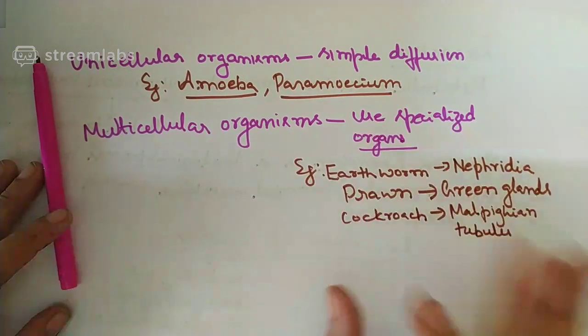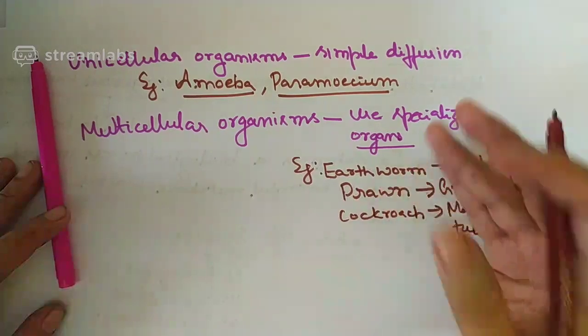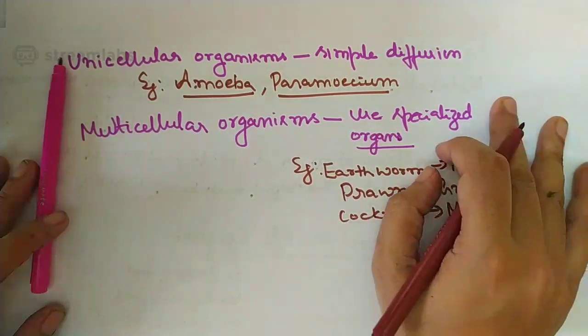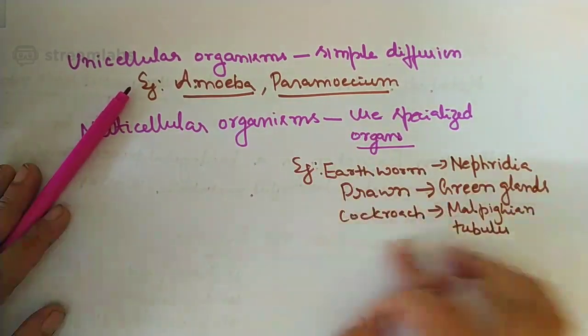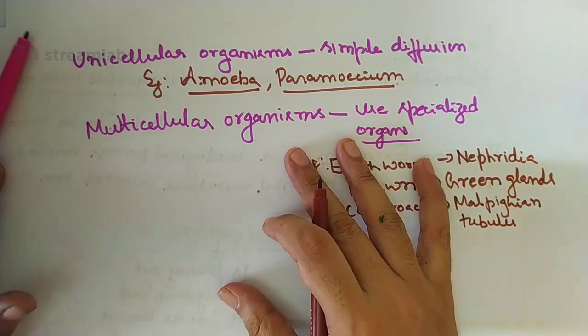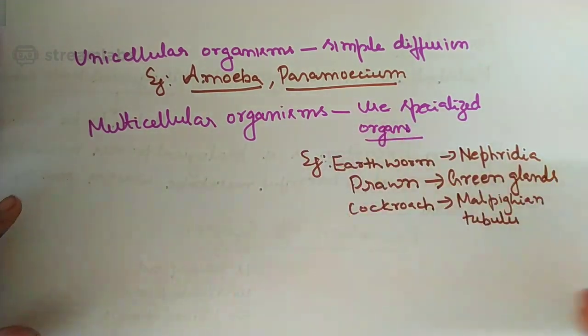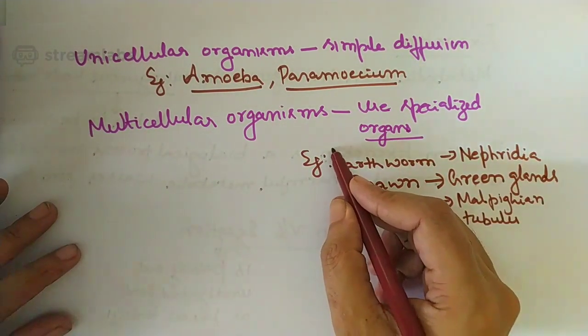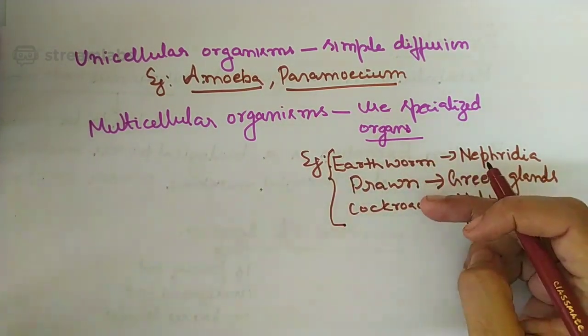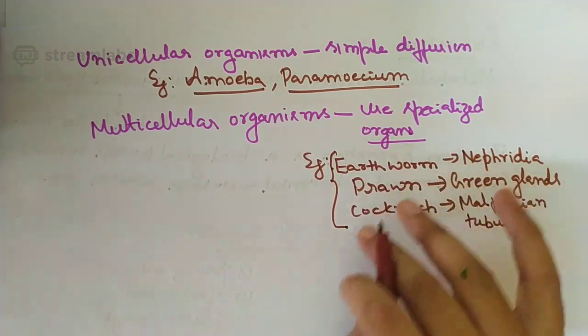This is just an example I have given; different organisms will have different organs which help in excretion. This is not important for us. For us, important is only the human excretory system.